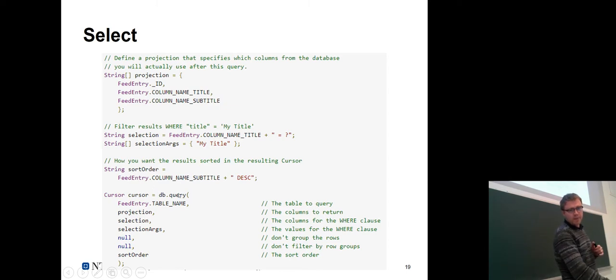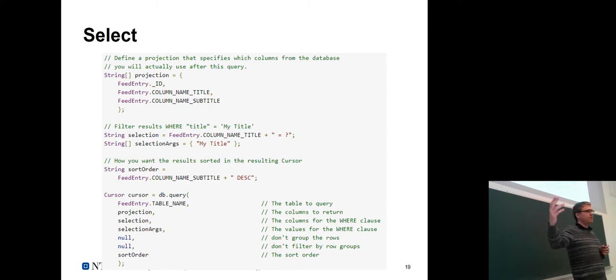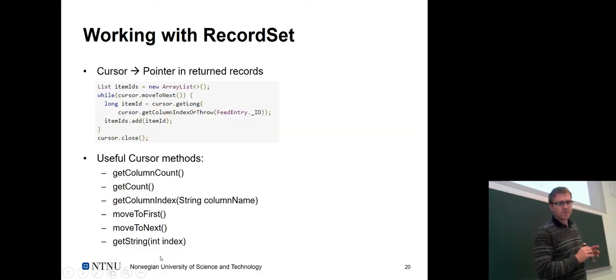And then you inject this into a query on your database. First you get a reference to your database with the method I mentioned before, open or create DB of choice, and so on. Then you say db.query, give it a table name and all those parameters, and you get a cursor as a response.